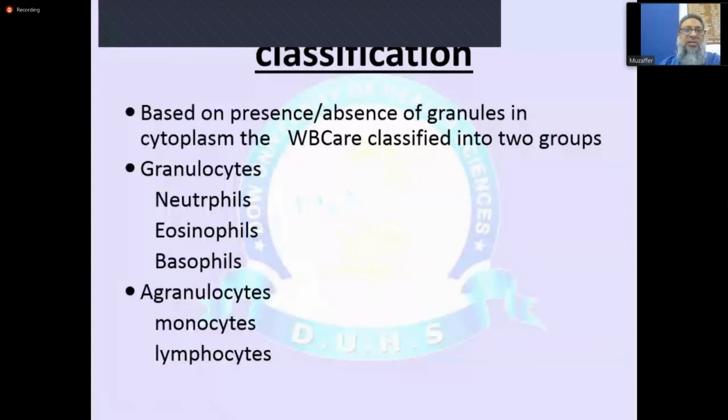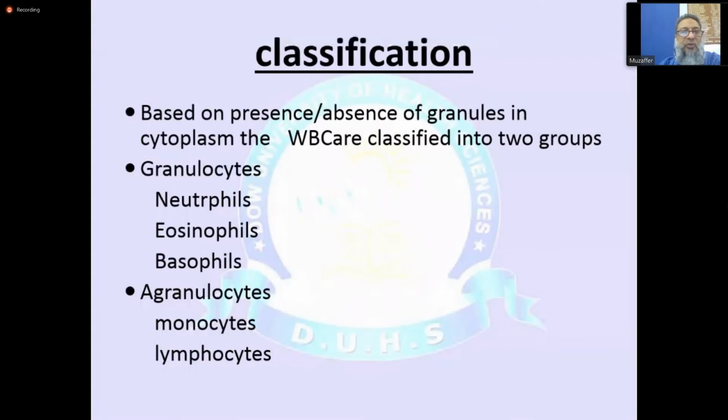You are all familiar with their count. From 4,000 to 11,000 total count, 65% of that is neutrophil, and that ranges about 2,000 to 7,000. And their name, as indicated, neutrophil. Neutro means neutral.